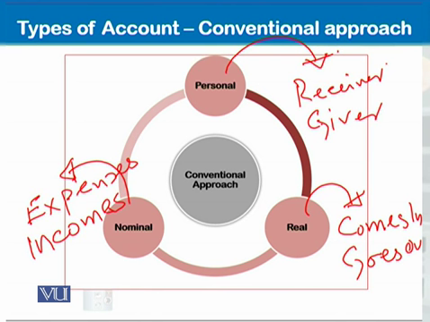This is just for the sake of knowledge that we are discussing this conventional approach as a type of accounts. But what we would be following is the modern approach.